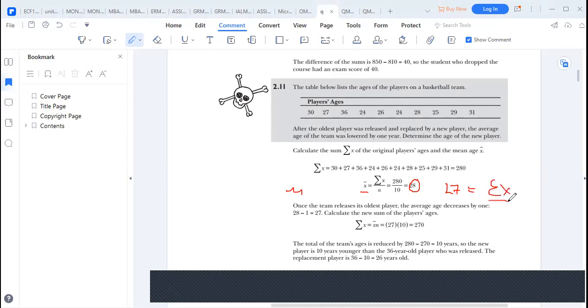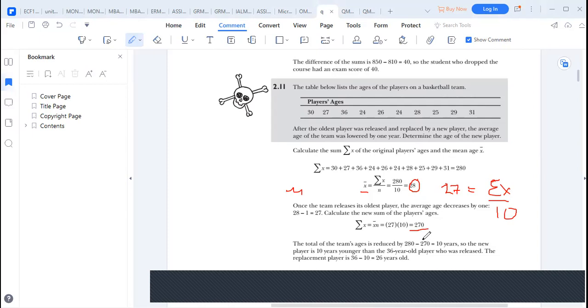The n won't reduce per se, since we're replacing the one player who was over age, they will still remain 10. So we cross multiply 27 times 10 to get 270. So 270 is the new total after the old player was replaced.